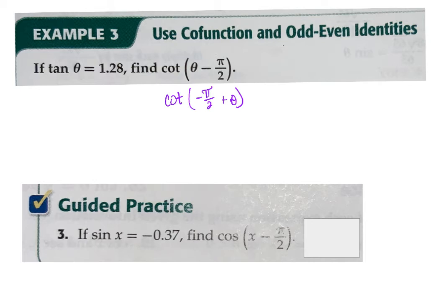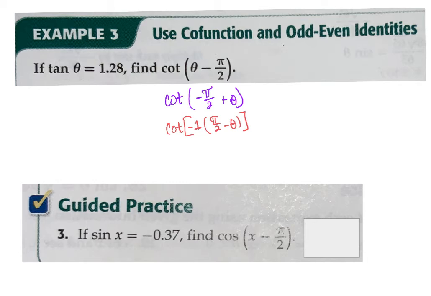And then I am going to pull a negative out. I'm going to say, well, the cotangent of -1 times pi over 2 minus theta, right? So far, so good. Now, I have the cotangent of a negative angle. The cotangent of a negative angle is the same thing as the negative cotangent of that angle.